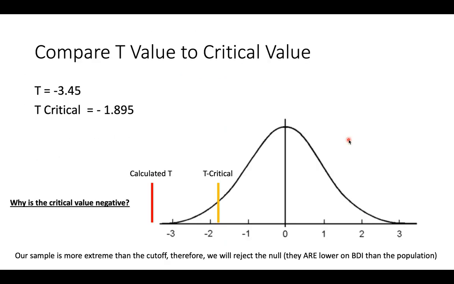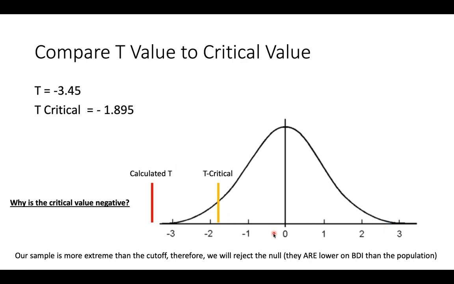So let's look at the curve. My observed or calculated t-value from my participants in my study was negative 3.45. That's 1, 2, 3, and almost a half standard deviations below the mean because I'm negative, right? Remember, our average was something like 15.75 for our participants.